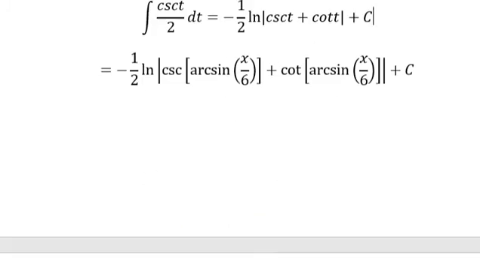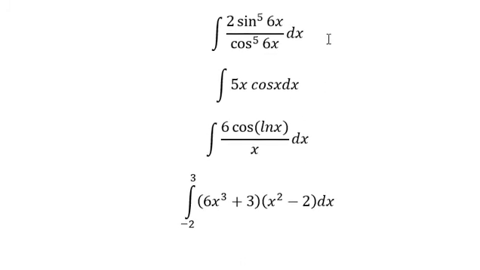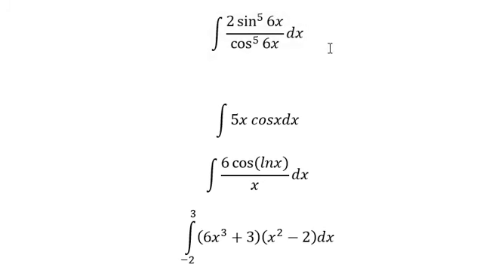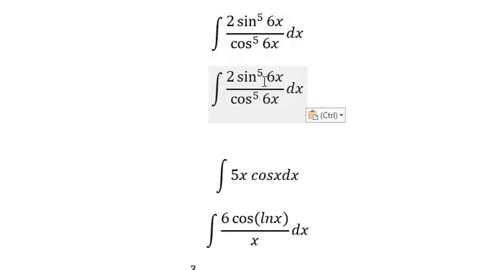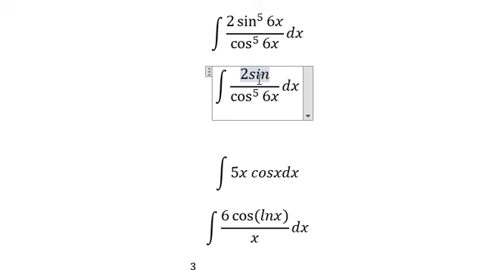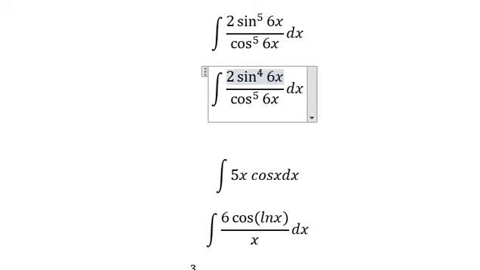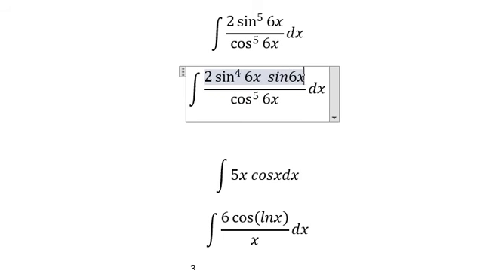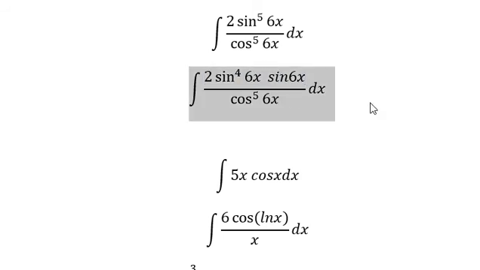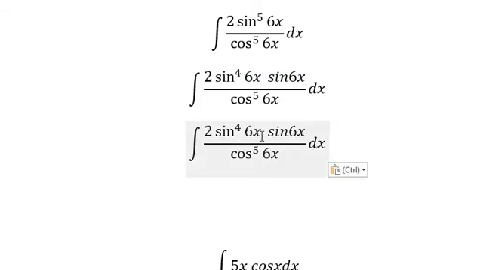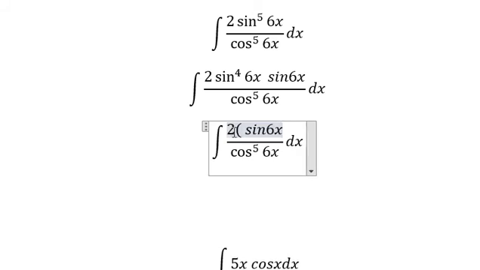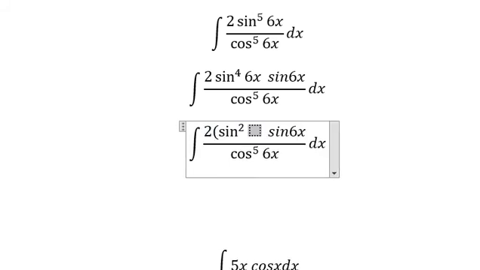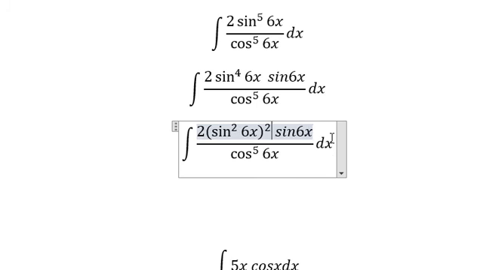Now let's go to the next one. About this one in here, we have sine 6s to the power of 4. Next, this one we can write as sine 6s squared, everything to the power of 2.